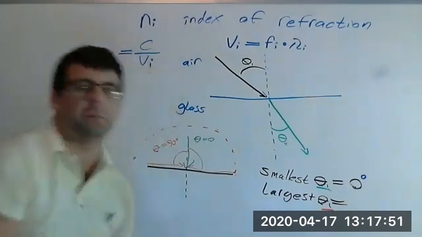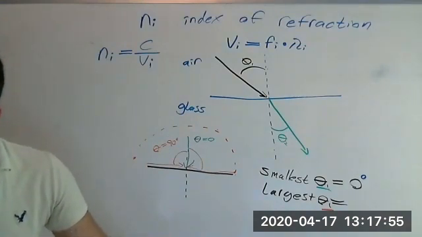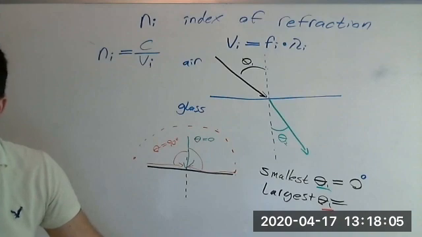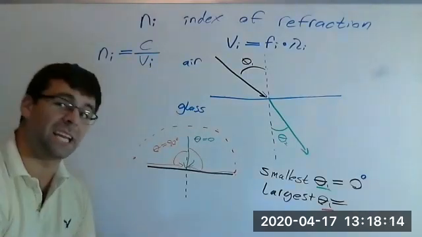Okay, but why can't it be bigger than 90? So this is important to understand what exactly is going on, how the problem is set up.